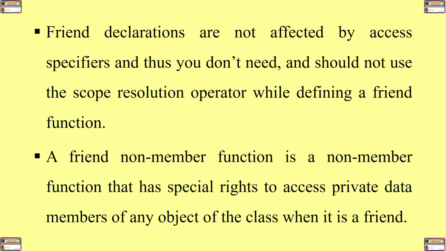So a friend non-member function is a non-member function that has special rights to access private data members of any object of the class when it is a friend.